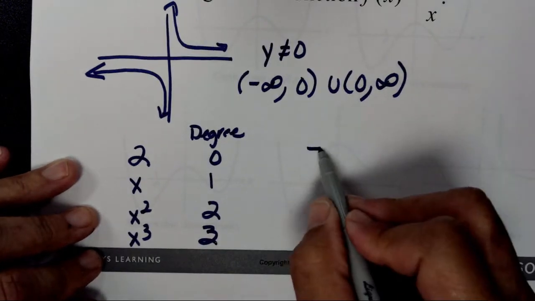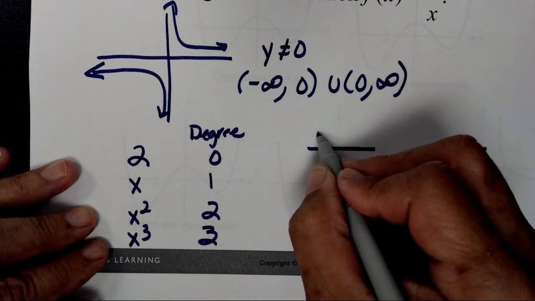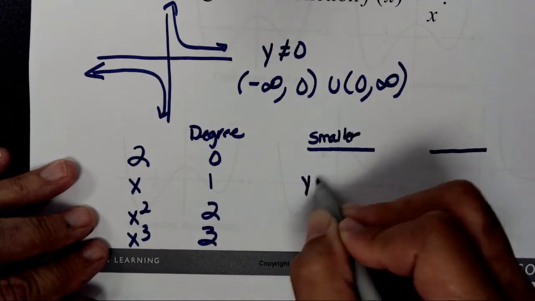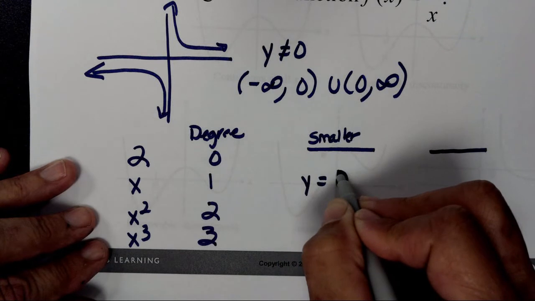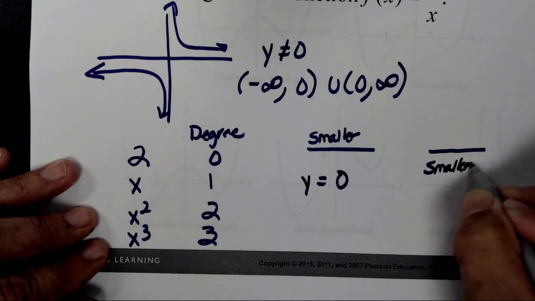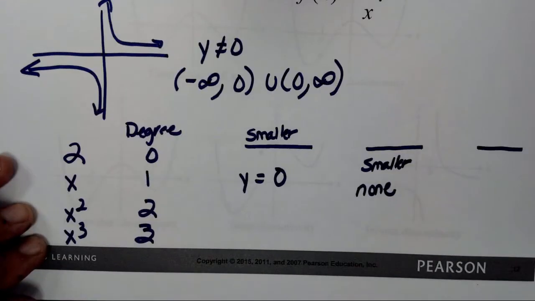So when we looked at rational functions, if the degree is smaller on top, it's automatically y equals 0. When the degree was smaller on the bottom, there is not a horizontal asymptote.